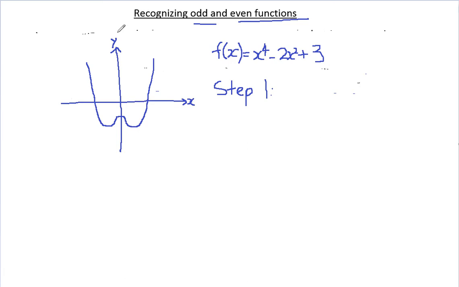We can use this as a mirror, and you can see it is symmetric about the y-axis, as this side is equal to this side. Hence we can say it is symmetric about the y-axis.